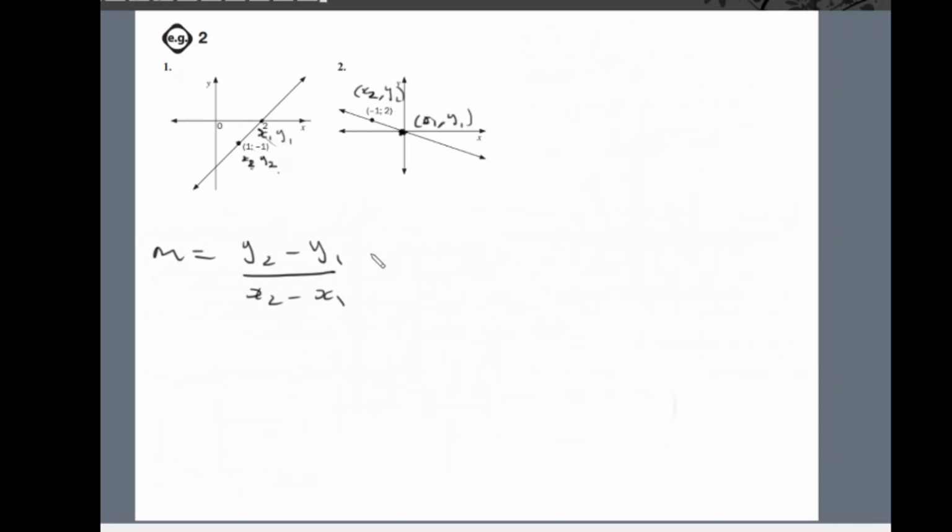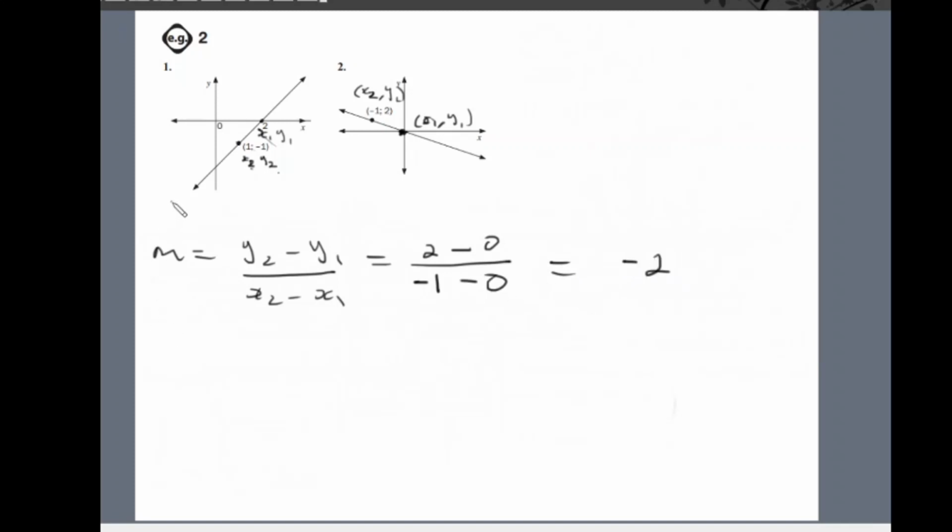And then when I substitute, where I see y2 I put 2, and where I see y1 I put 0, where I see x2 I put minus 1, and where I see x1 I put 0. So the gradient is minus 2.